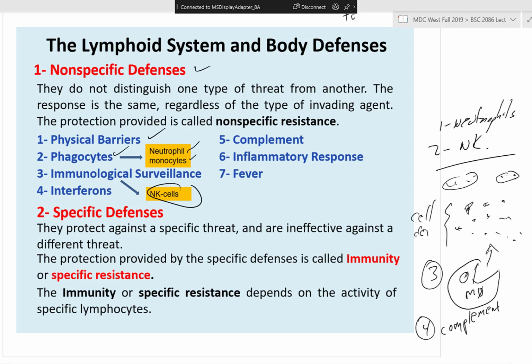Now, if you have too much of an infective organism or an antigen, what are the macrophages going to do? Number 5, the macrophages will present the antigen on their surface, like a little flag. That means they're now called antigen presenting cells, APCs.